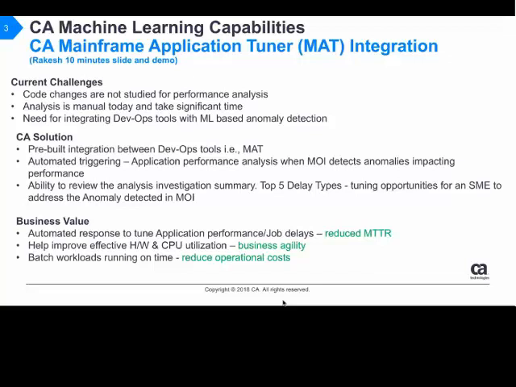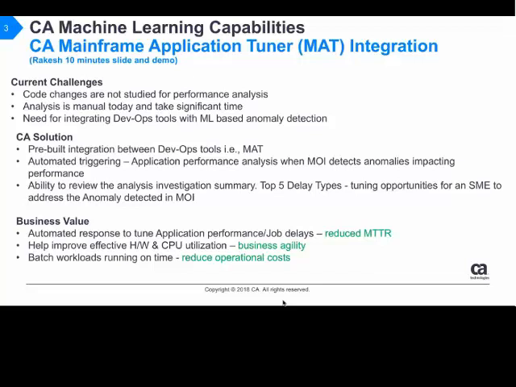The response of the analysis can be visualized in the CA MOI UI, and the operator monitoring the mainframe can look at this and inform the system programmer about this problem.